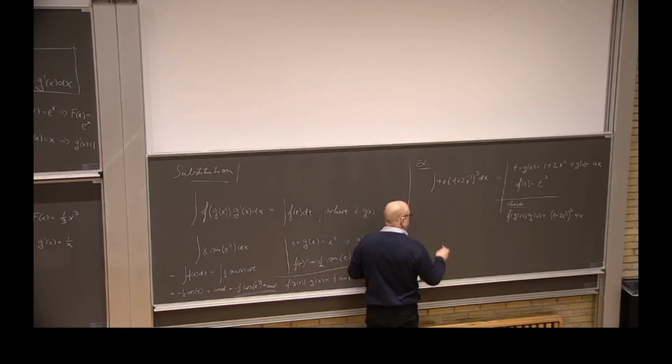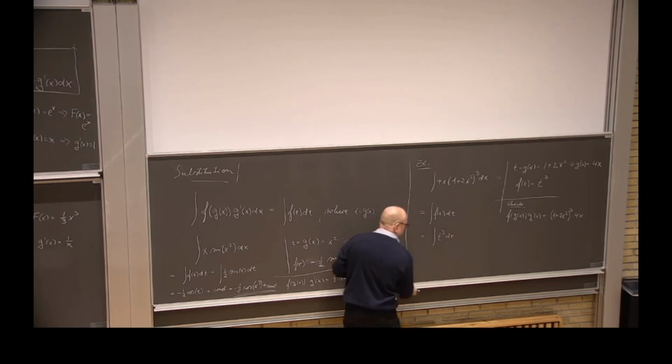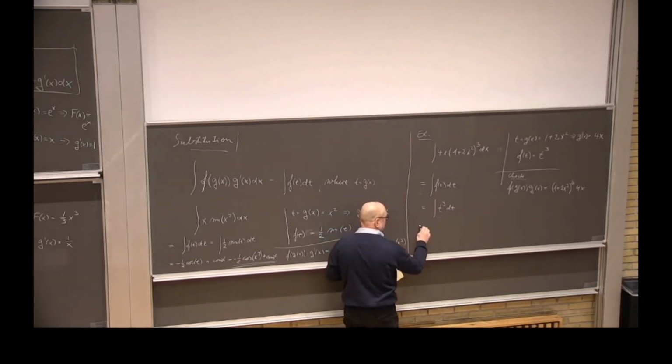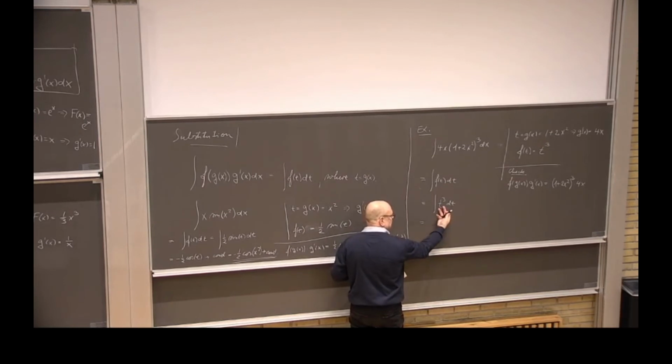So I could say that this is equal to the integral of f of t according to the general formula, and it's fairly easy to see this. When you integrate this, you have to add 1 to the exponent and then divide by this exponent.